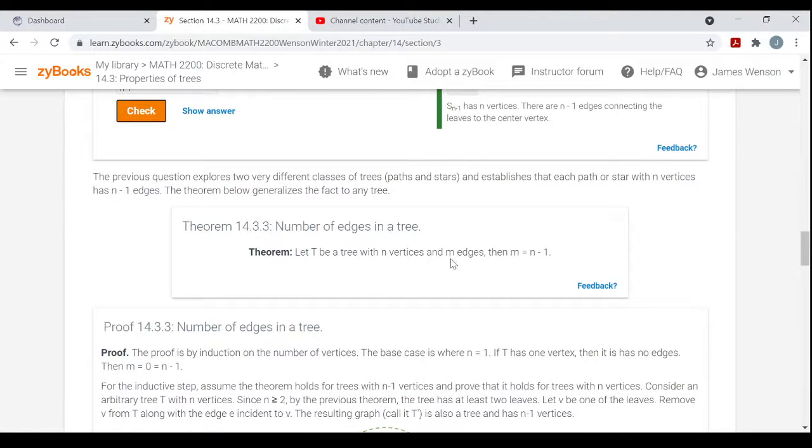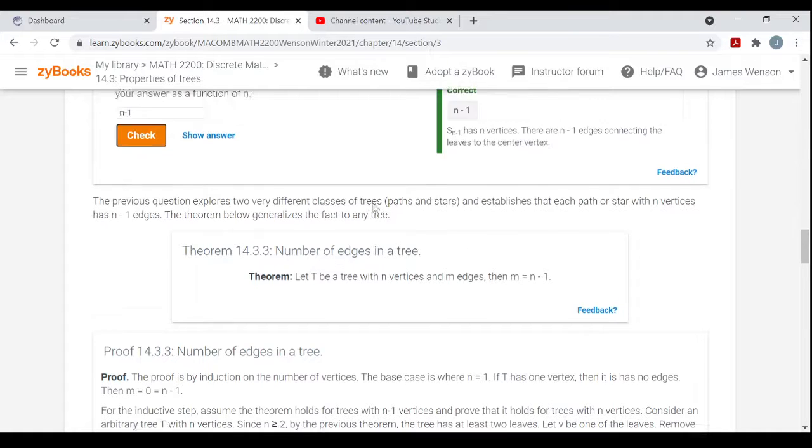And then they talk about a nice relationship between the number of vertices and number of edges in any tree. Okay. So let T be a tree, any tree, with n vertices and m edges. See, the number of edges is going to be the number of vertices minus 1.